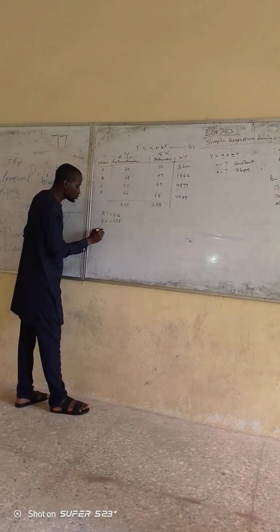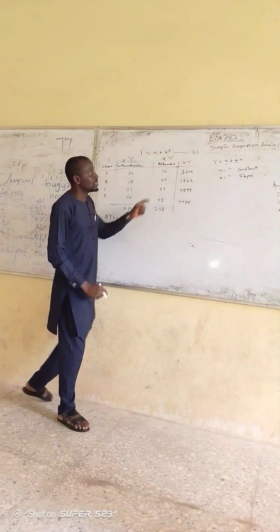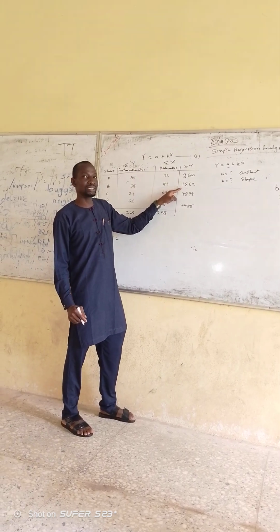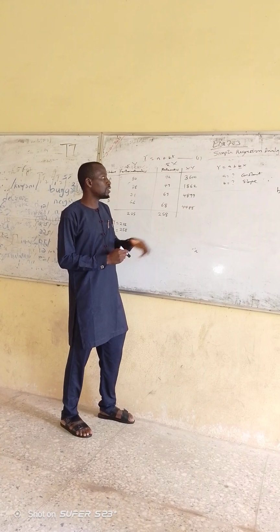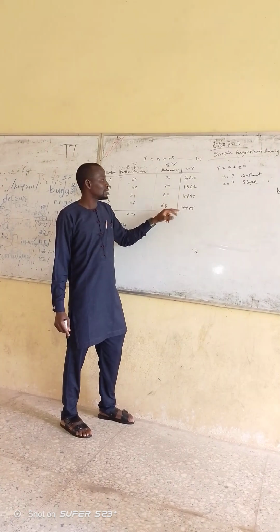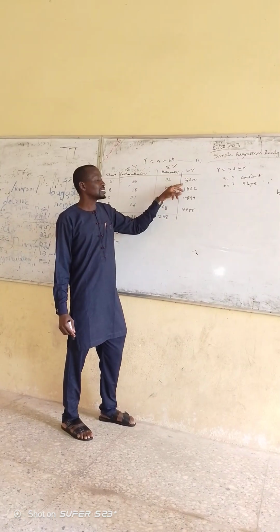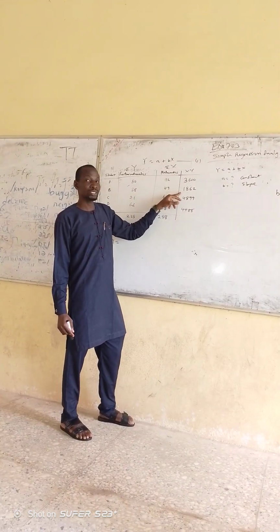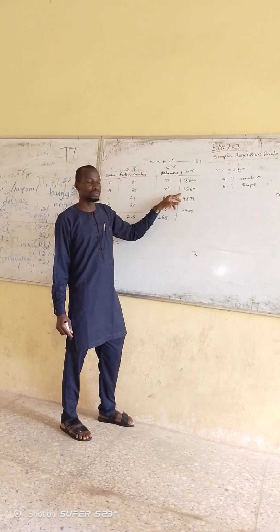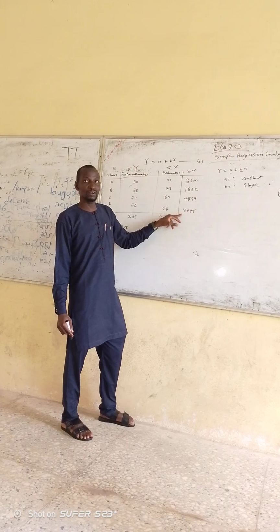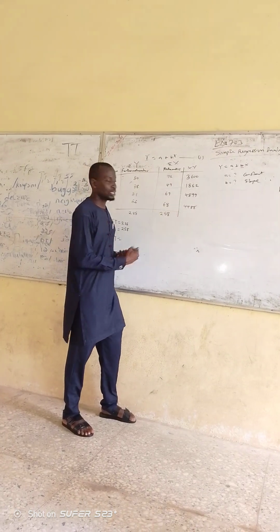So summation xy, we have 3,600 plus 1,862 plus 4,899 plus 4,488.